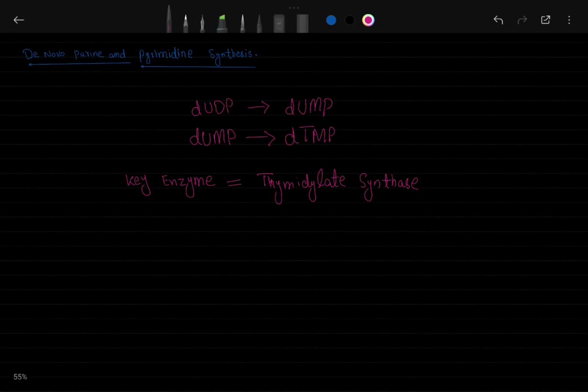It adds a methyl group to uracil to make thymine.